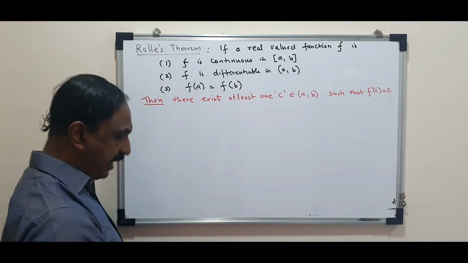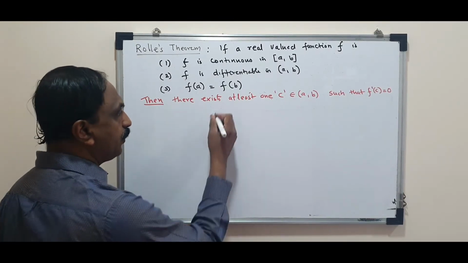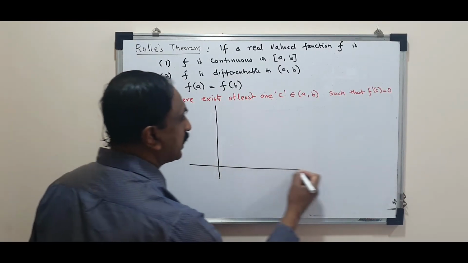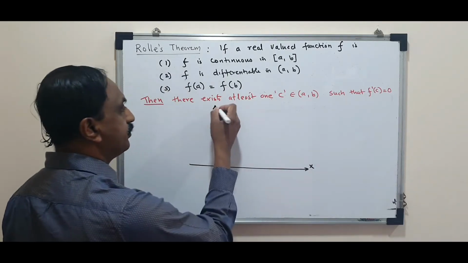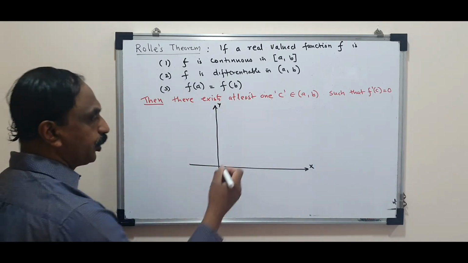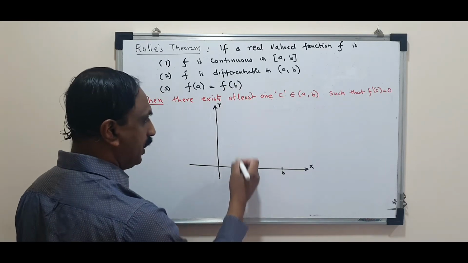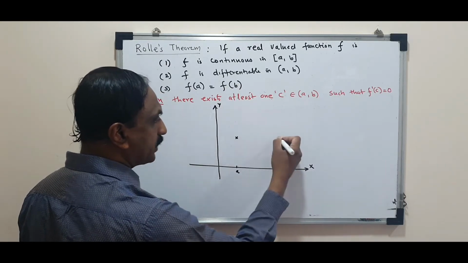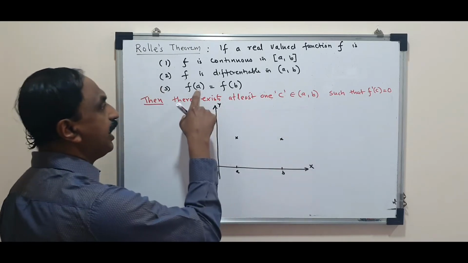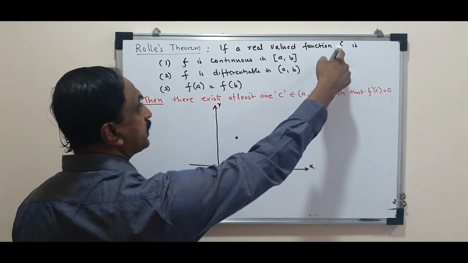Imagine I have a function which is real valued. That means I can sketch the graph of this function. First of all, you have 2 points. One point is a here, another point b here. Its corresponding y coordinates are f of a and f of b because the function is f.